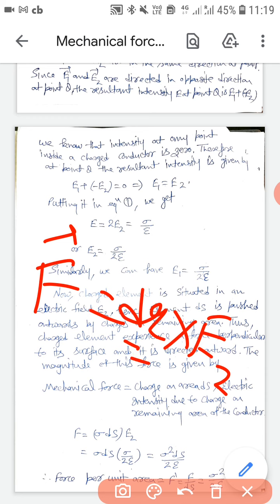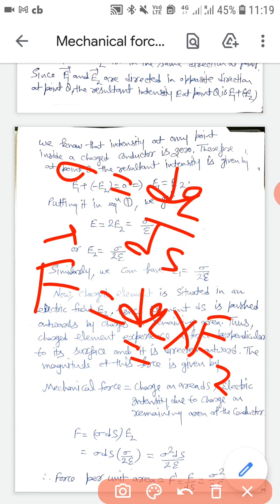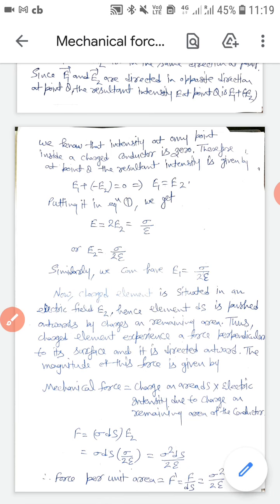And this dq we already defined: sigma is dq by ds, the charge density. So dq will be sigma ds, and the force becomes sigma ds into E2.